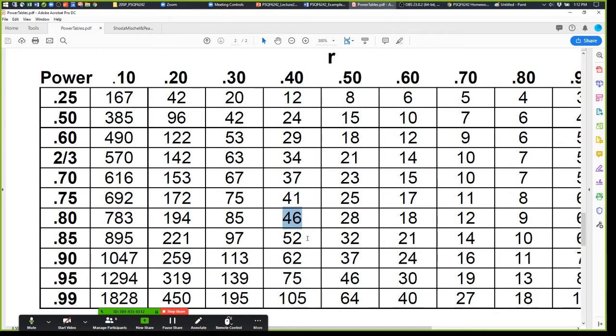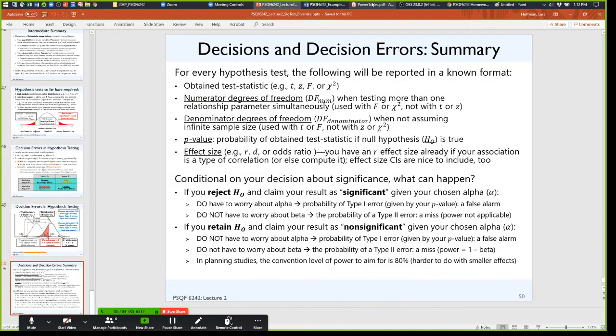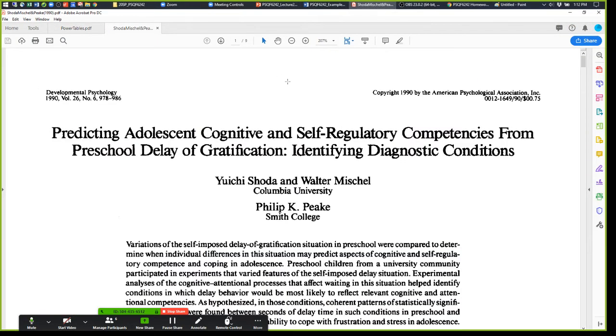So whether or not something is significant, whether or not you're calling it unexpected, whether or not you're rejecting the null is a function of effect size and sample size. And I wanted to show you how this works in practice with this paper that I sent you.